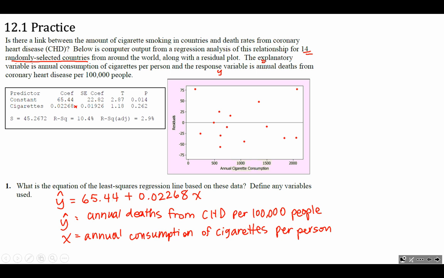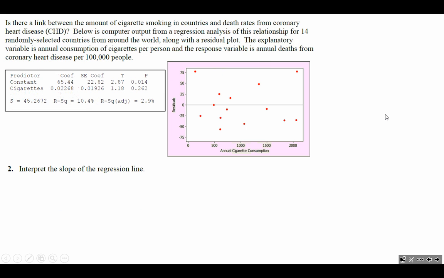So we have picked out, again, the constant, also sometimes called the intercept, just to let you know, is here. And then the cigarettes, that word's going to change from scenario to scenario, but that number that's below your constant is always your slope. And that's the number that you do want to put with your x. Okay, number two, interpret the slope of the regression line.